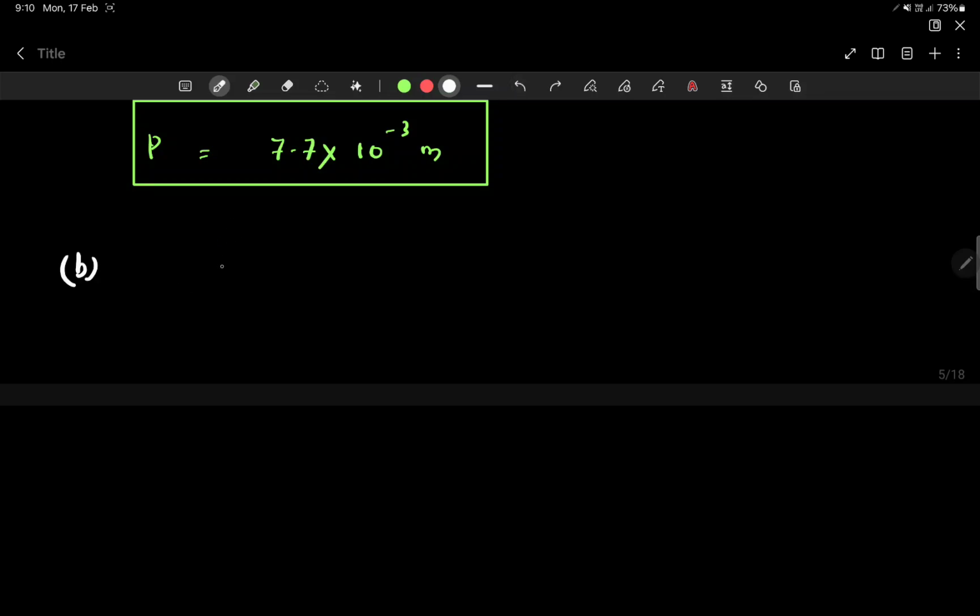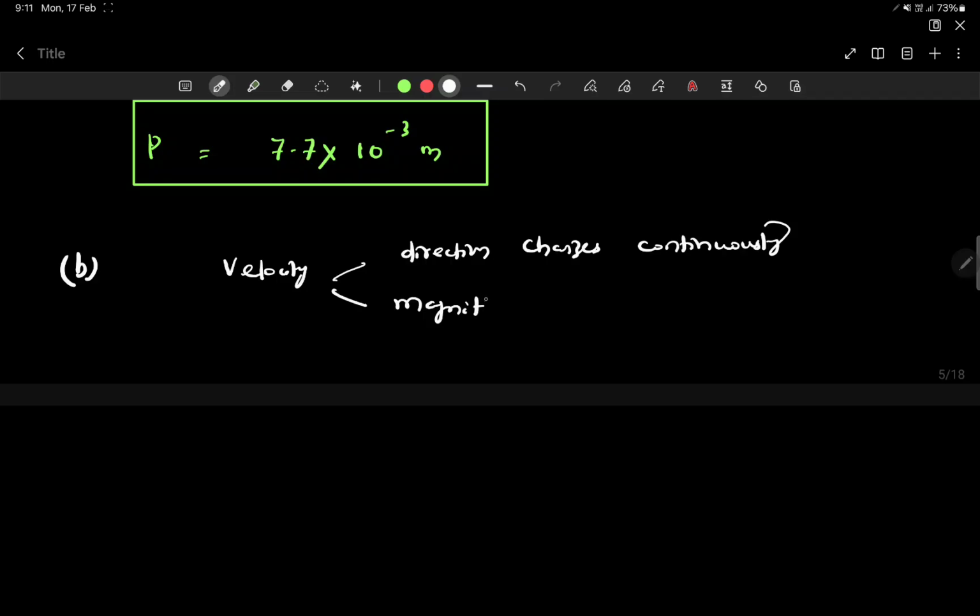This is the theoretical part: about velocity, the direction changes continuously, so velocity is variable, but the magnitude remains constant, and the magnitude is called your speed. So speed is constant.